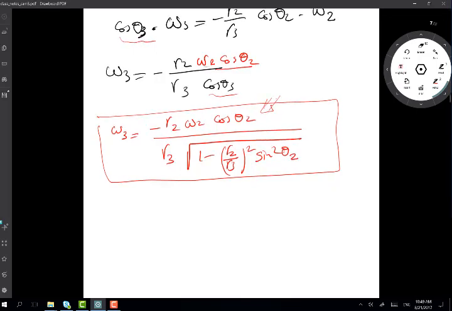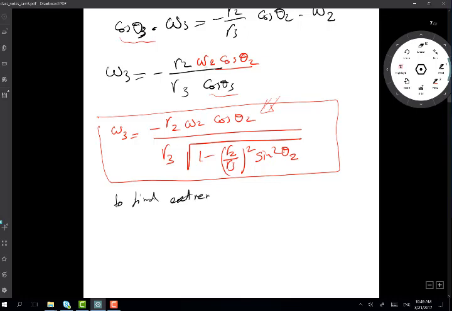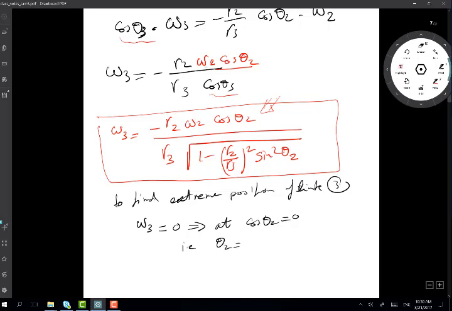If I equate this to 0 to find extreme or stationary positions of link 3, omega 3 is equal to 0 when cosine theta 2 is equal to 0, i.e. theta 2 will be equal to pi over 2, 3 pi over 2, and it would repeat itself after that.